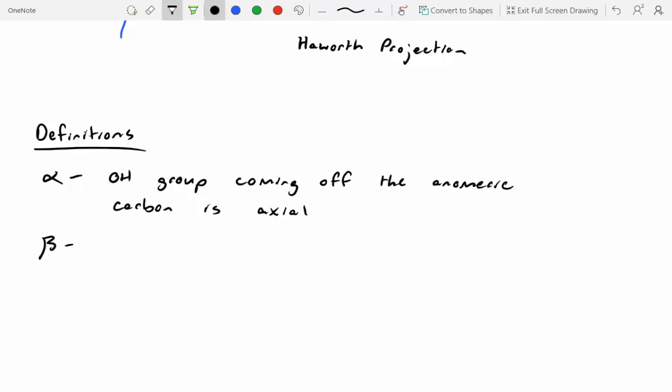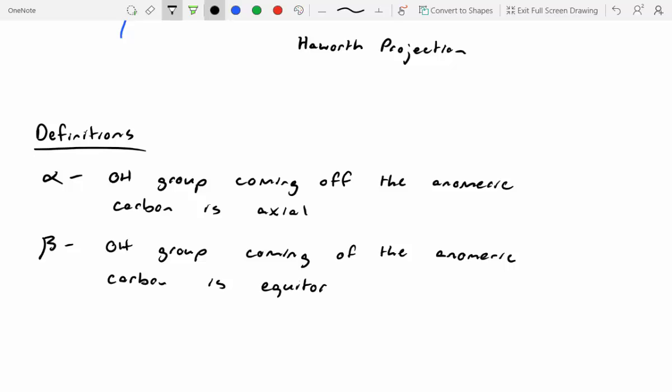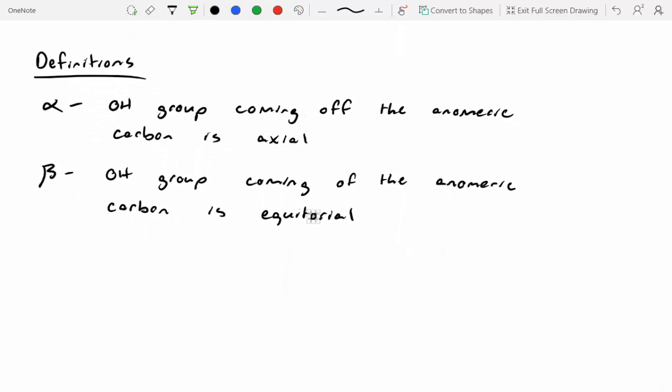Beta, we said, means that the OH group coming off the anomeric carbon is equatorial. So we've got our definitions of those two anomeric positions.